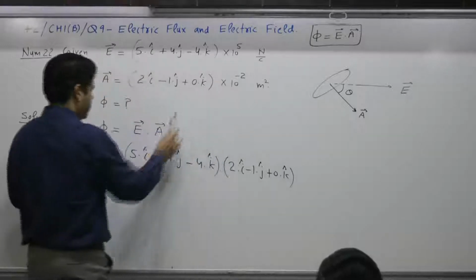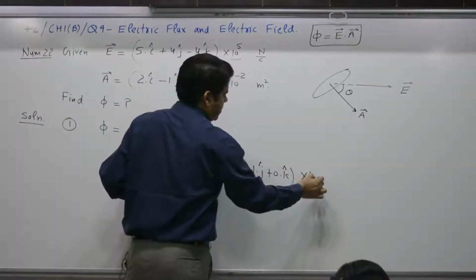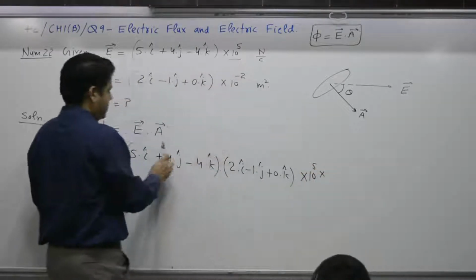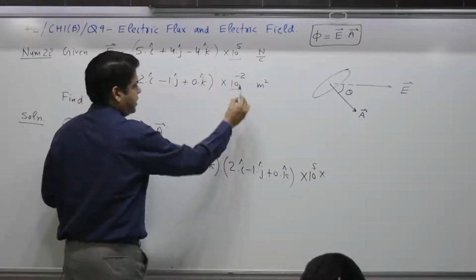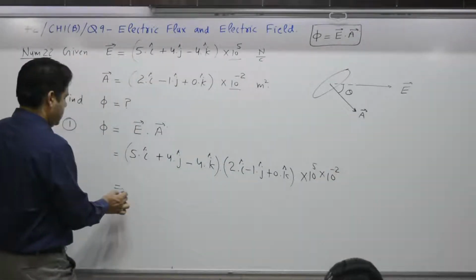What was the power with the first part? 10 raised to the power 5. What was the power with the second part? 10 raised to the power minus 2, SI units.